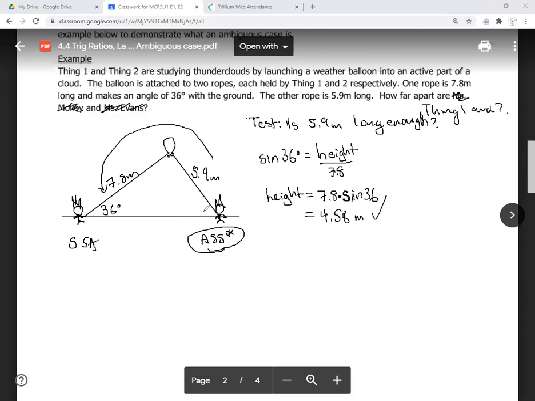Ambiguous is another way of saying unclear. When you have SSA or ASS, it's unclear because this is not the only triangle we can draw. So there's more than one answer.